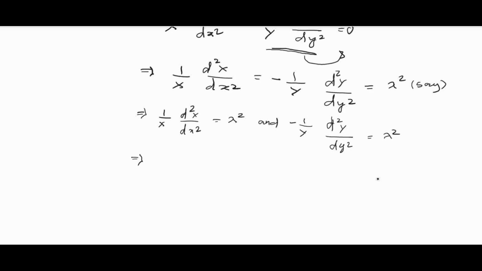On solving, we get d square X by dx square minus lambda square X is equal to 0, and in this case, with the minus sign, d square Y by dy square plus lambda square Y equal to 0.